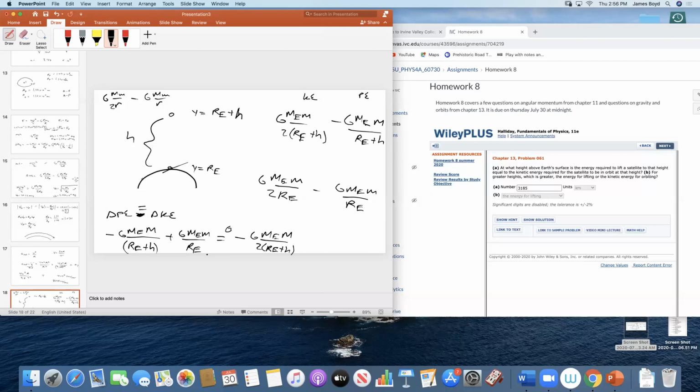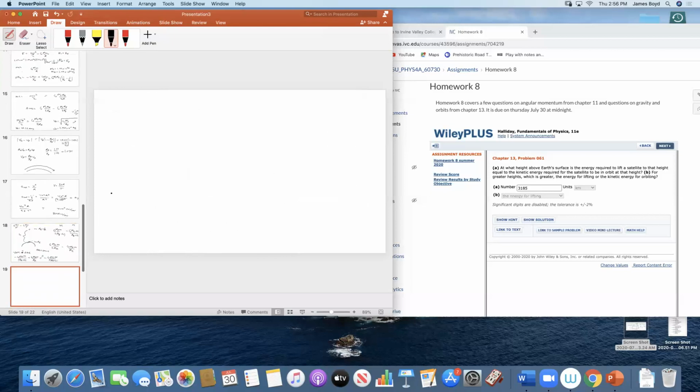The reason it doesn't work is that this term has to be negative. So what we're saying is that delta KE plus delta PE is 0, and therefore delta KE is equal to negative delta PE. That's really what they're trying to get at here.